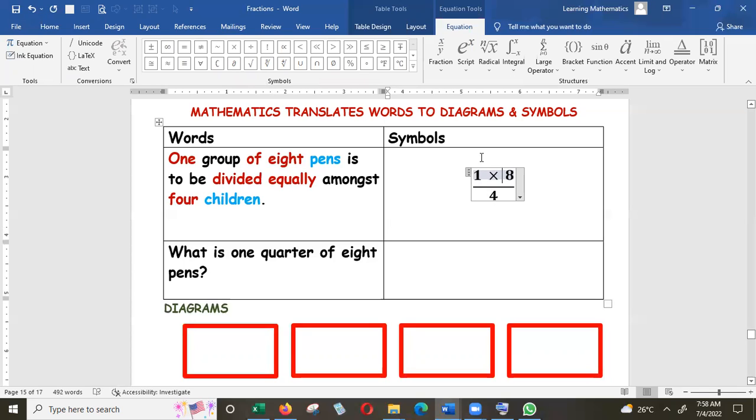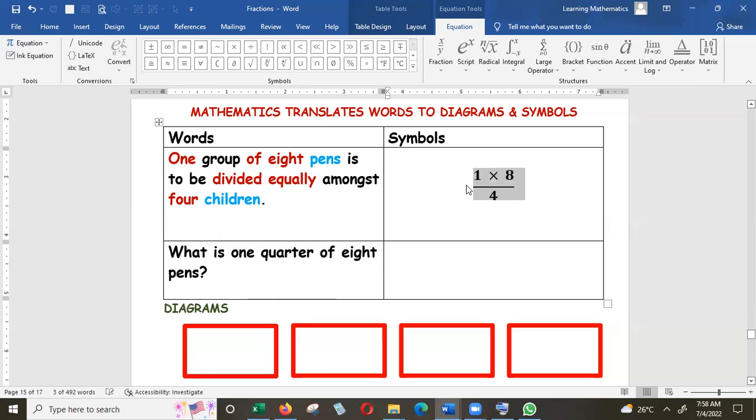You can read these symbols by saying that one group of 8 pens is to be divided equally amongst 4. So this is basically saying what is 1/4 of 8? That's basically what this is saying. What is 1/4 of 8?